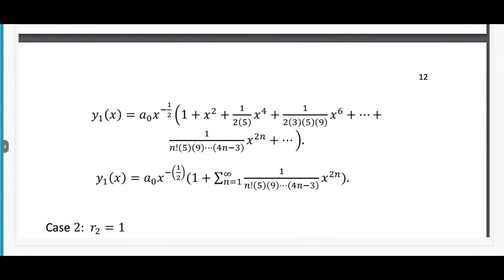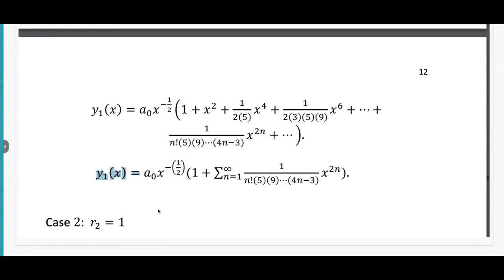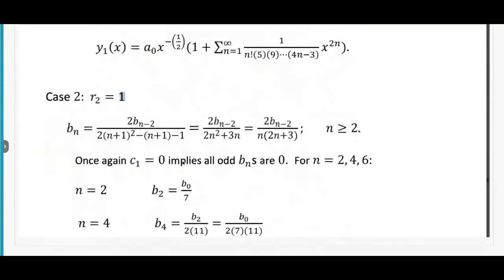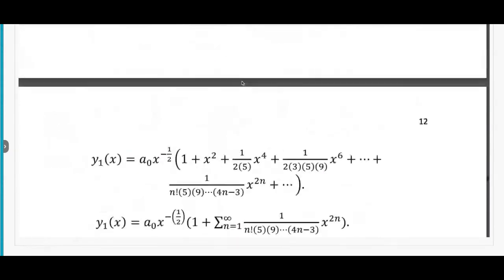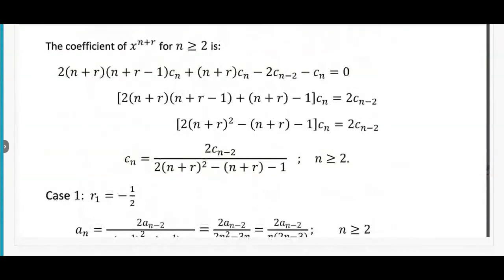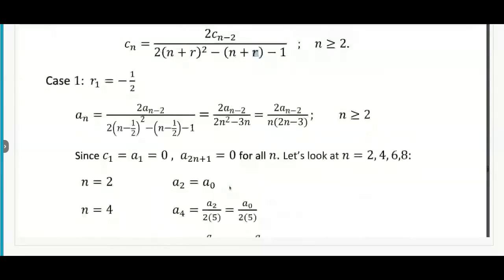So that's for r equals negative half. So we have this solution for the equation. Now let's see r equals 1. We put it back into this Cn, right? r equals 1 now.